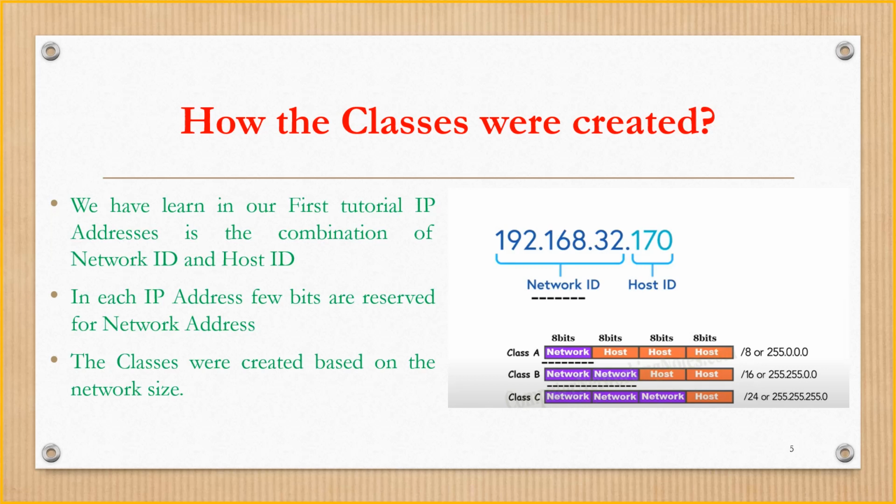In class C, the first 24 bits are reserved for the network address, which gives a subnet mask of /24 or 255.255.255.0. So for a smaller number of networks and a large number of hosts, class A was created; class C was created for numerous networks with a small number of hosts.